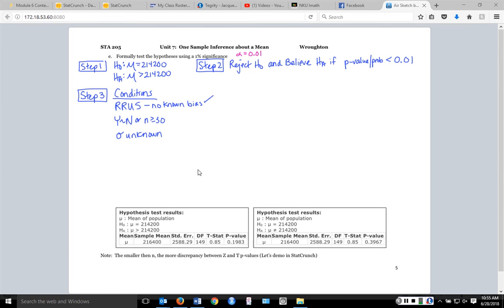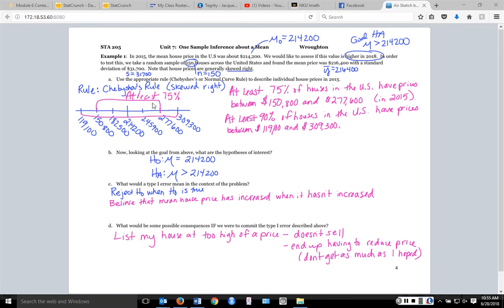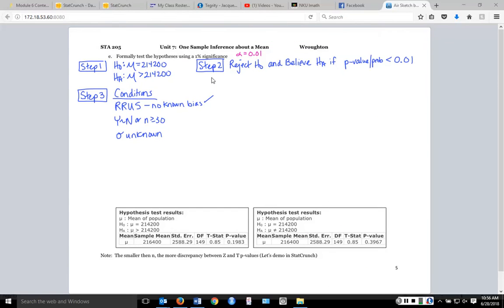Next, I either know it's normal or have a sample of at least 30. Now, I actually know it's not normal, right? It told me it was skewed to the right, so that first part is definitely not met. But remember, that's an or. Or sample at least 30. How many did I sample? I sampled 150. So even though it's not normal, it is at least 30 because I sampled 150 houses.